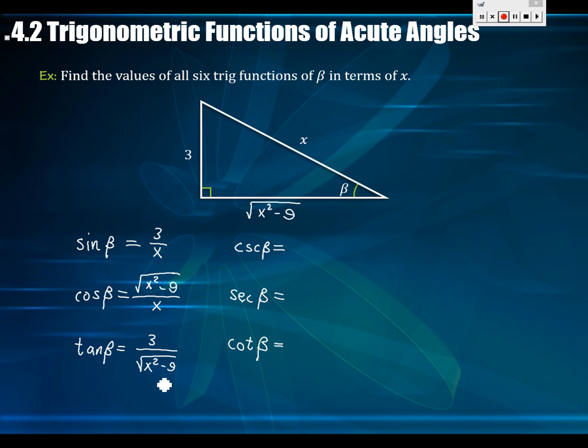Terrific. What about cosecant? What's that? And the secant is, Laura? Secant. x over root x squared minus 9. Good. And cotangent is, Chefe?